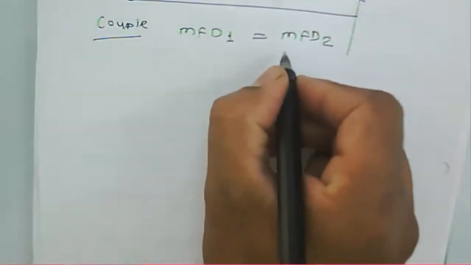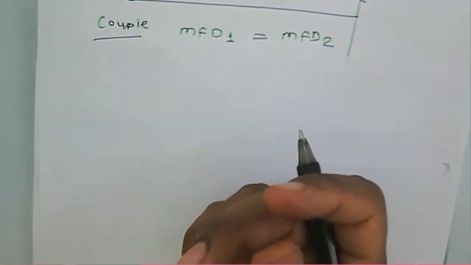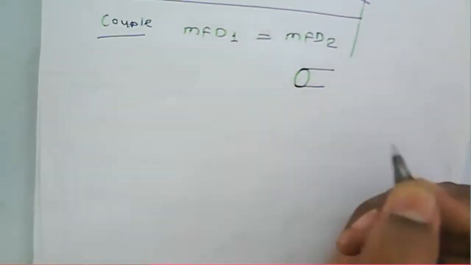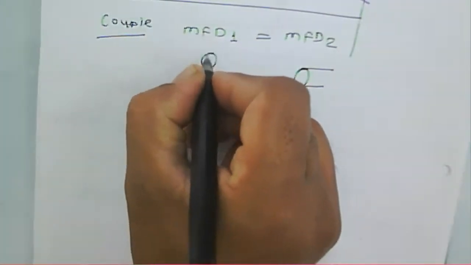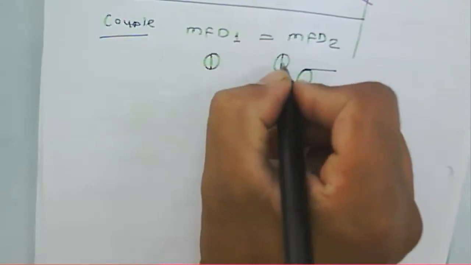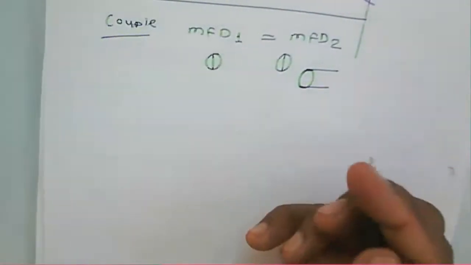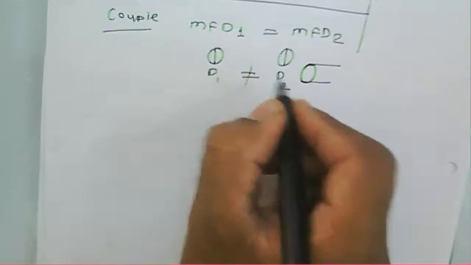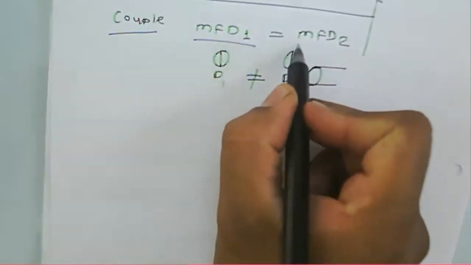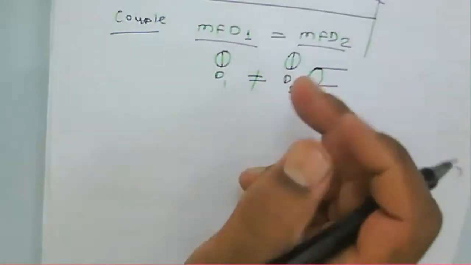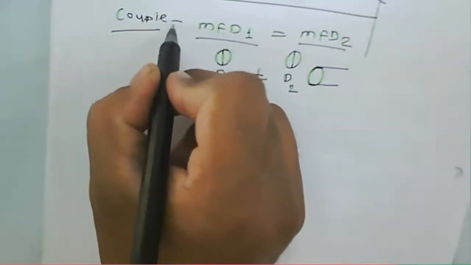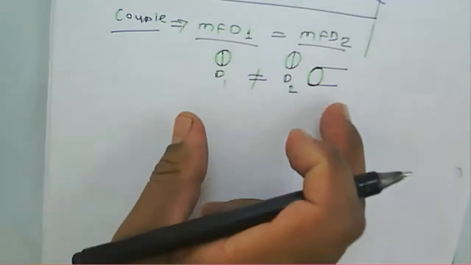If the mode field diameter of fiber 1 and fiber 2 is equal, irrespective of the core diameter of a fiber, suppose this one has a diameter d1 and this d2, even if d1 and d2 are not the same, but their mode field diameter is the same, in that case we can couple the power from one fiber to the other fiber.